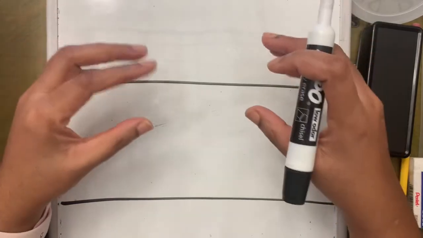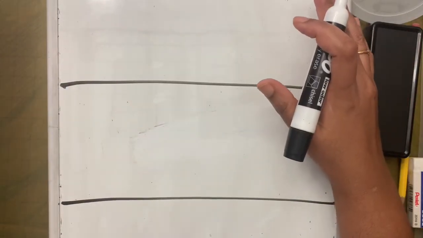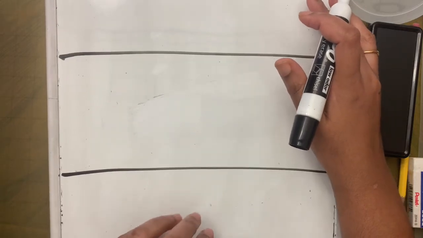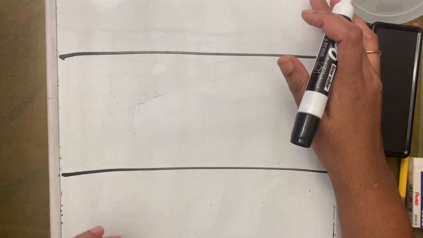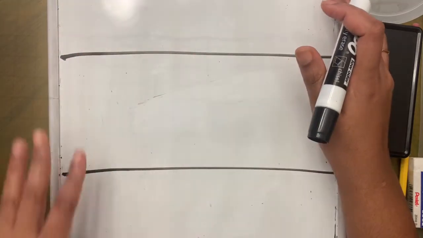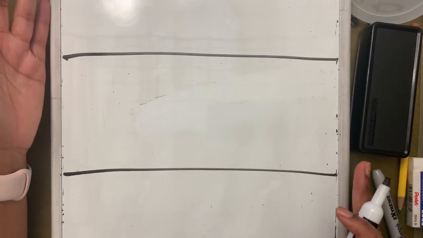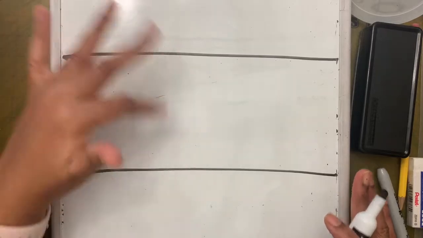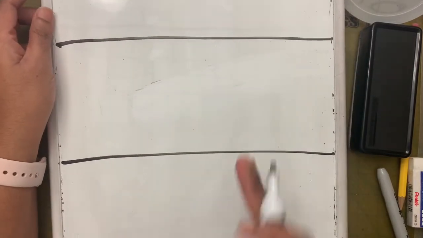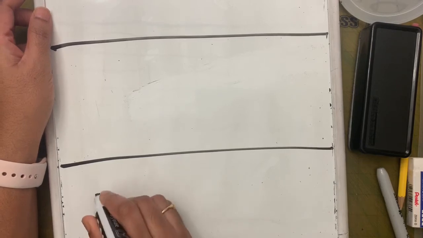But when I say draw a line, it will be easy for you to understand where to draw the line if you divide it this way. Normally we divide the paper into three parts. The part that is right in front of you, the lower part, is called the foreground.